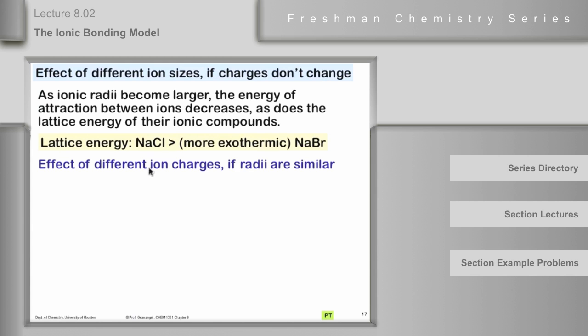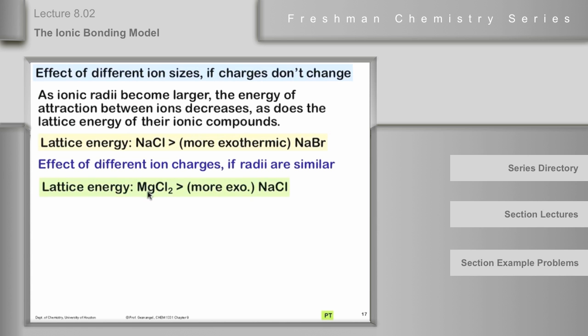If we look at cases where the radii are similar, but the charges are different, then you see the effect of the charges being multiplied together. If we look at magnesium chloride and sodium chloride, the chlorides are the same in both, and magnesium is a little bit smaller than sodium, but it's not enough difference to write a letter to the governor about.